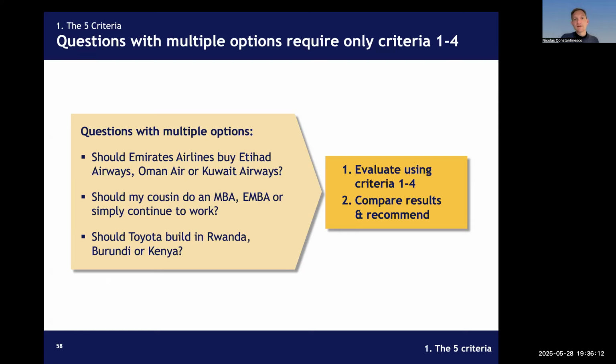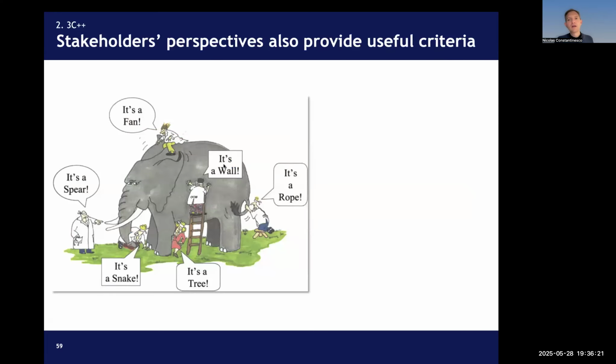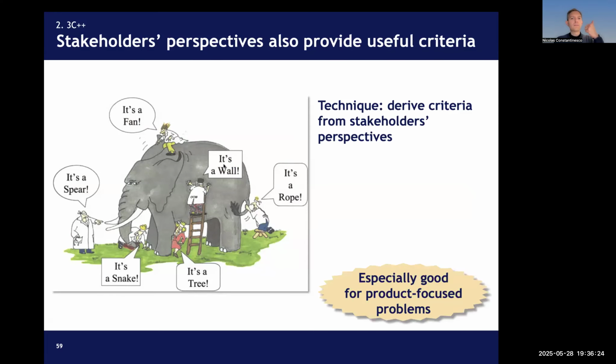And there's a nice little, people call it a framework, but it's actually not a framework, the 3 C's, which you might be familiar with: customer, competition or competitors, and company. So you start with that because anytime you look at a product problem, you should be thinking about the customer. And if you're going to do that, then might as well also look at the competition and the company.